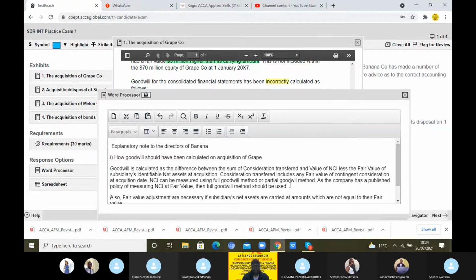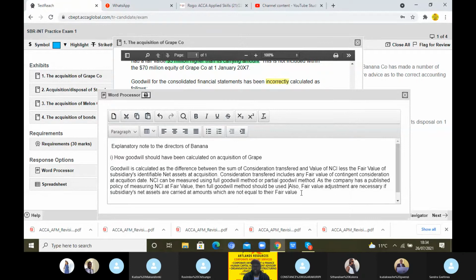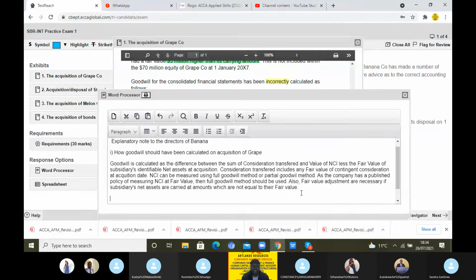You can paragraph at this stage and say, applying the above guidelines, the finance director made the following errors in goodwill computation.